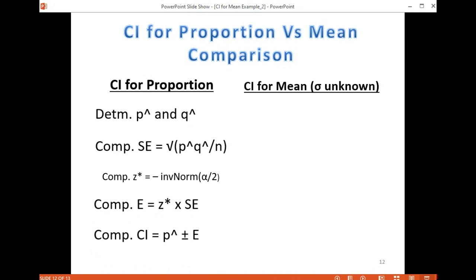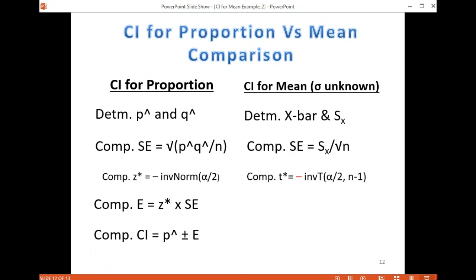On the right side, if this was for mean, instead of determining p hat and q hat, there's no p hat and q hat, it means it's x bar and s or Sx. So you will find those two. Then you would compute SE, which is Sx over the square root of n. Then you would compute the T value, the T critical value.